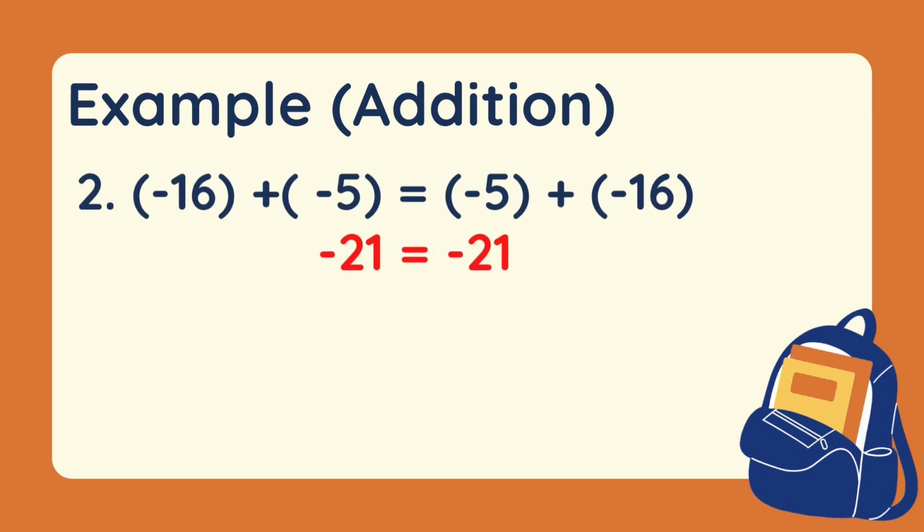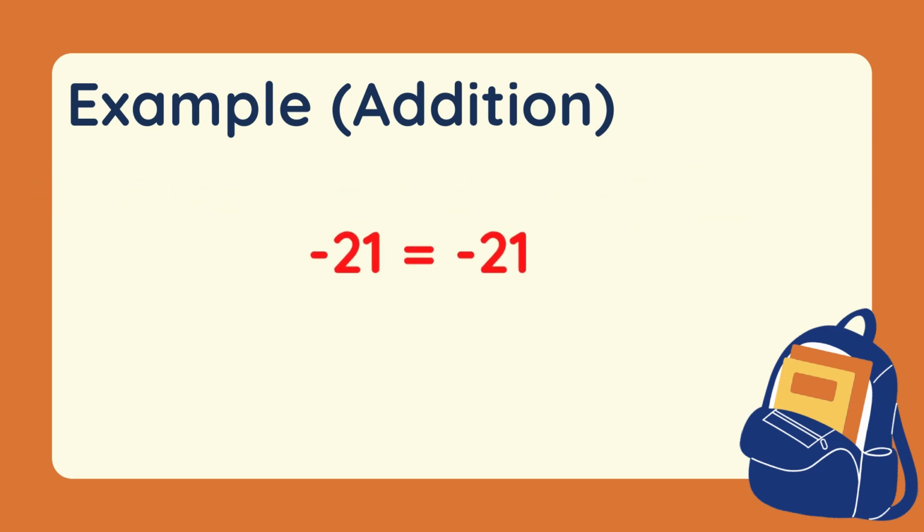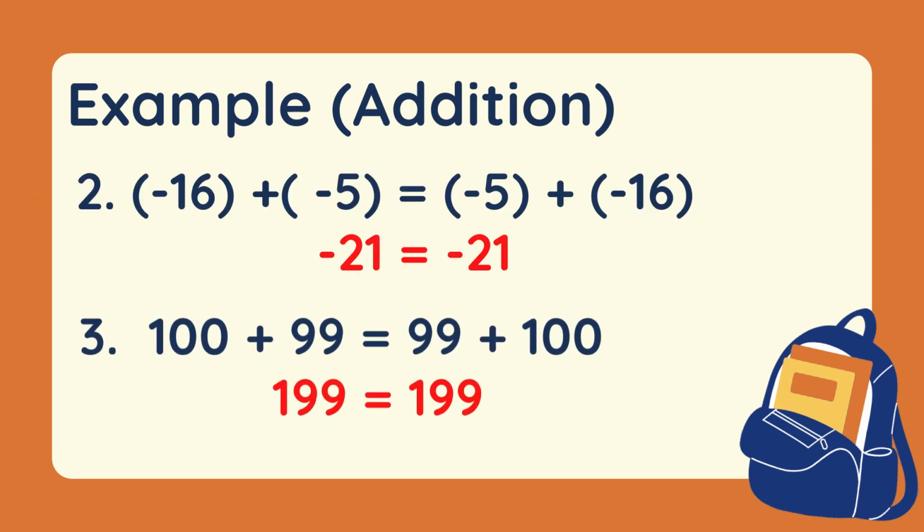We have more examples here. Negative 16 plus negative 5 equals negative 5 plus negative 16. Performing the operation, we will arrive at the same answer, which is negative 21. Same is true with our number 3 example, which is 100 plus 99 equals 99 plus 100.